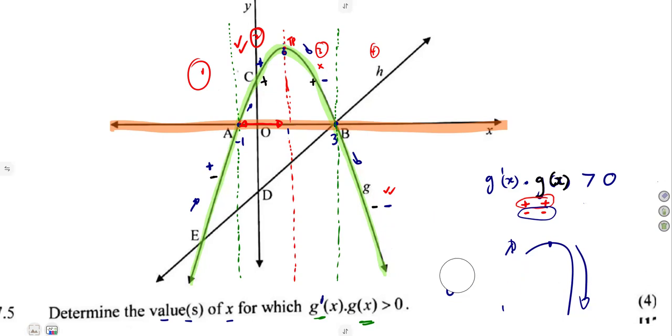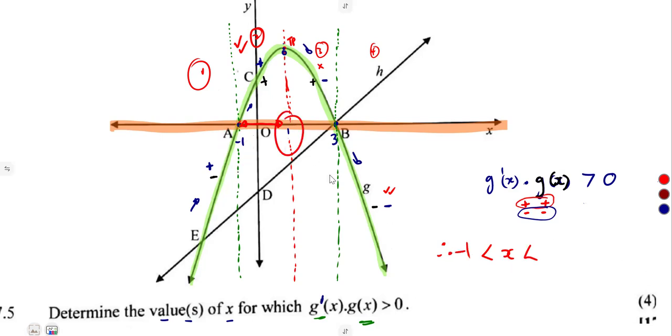So therefore, we are going to have our solutions as what? In the second region, it's in between two values, -1 and 1. So you write it this way: x is greater than the smaller value, -1, but less than what? The bigger value, which is 1. We do not have equal to 0, so we're not going to put that one.